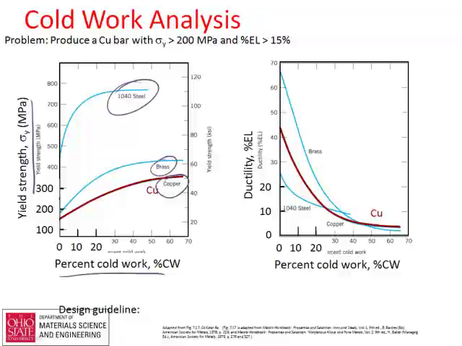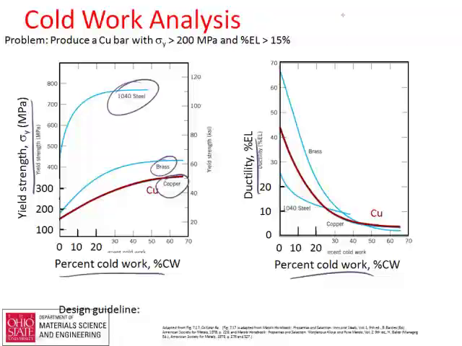We also see the ductility decreases as you put more and more cold work in, and you can see that as materials get stronger, they tend to get less and less ductile, meaning you get less and less strain you can put in before something's going to fail.